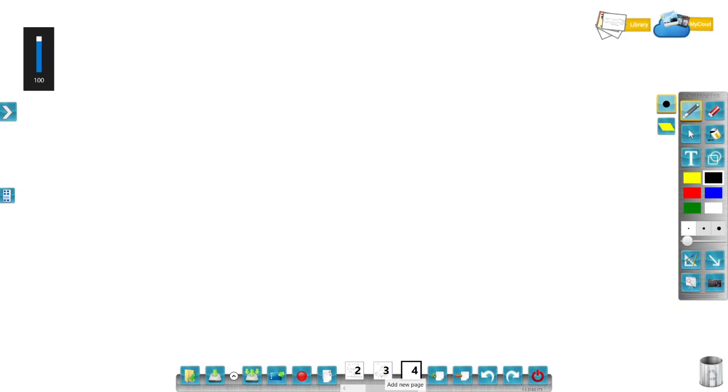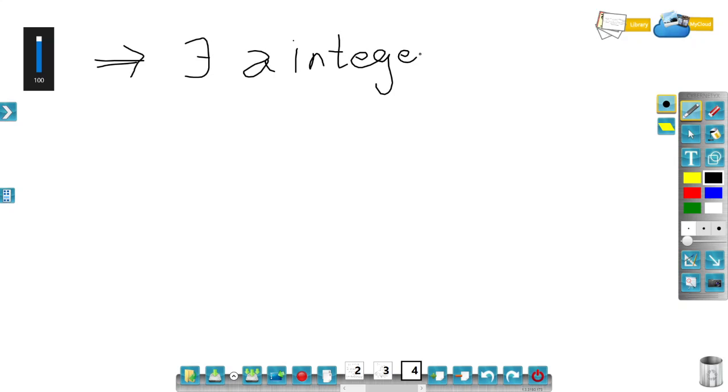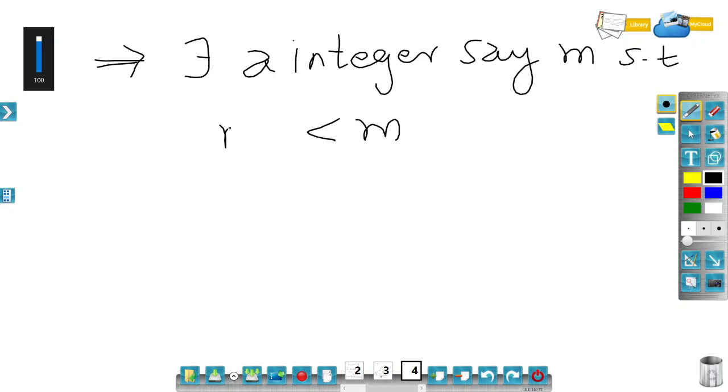So geometrically you can easily see this would imply there exists an integer, say m, such that m lies between nx and ny. Since n is strictly greater than 0, you divide it by n.